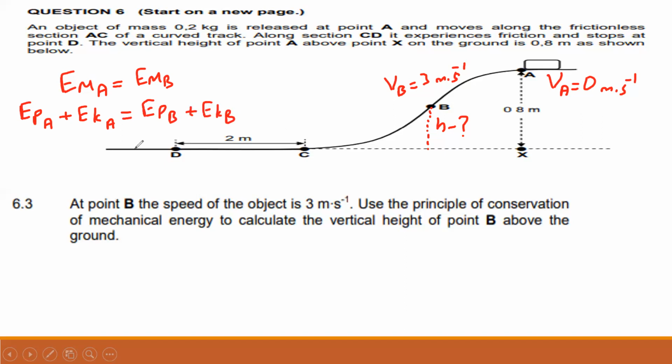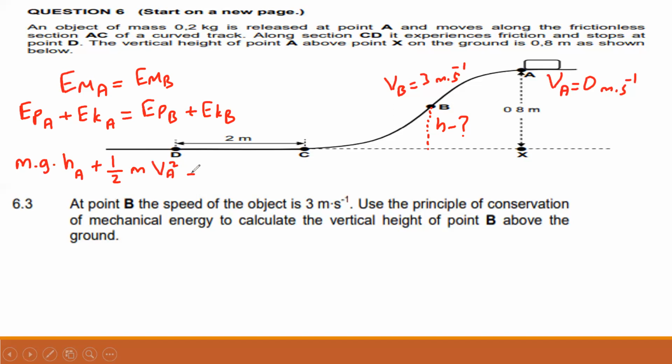So let's continue. EPA, what was the formula for EPA? EPA equals M times G times H. Which H, people, are we using now? A. Height 0.8. And then 1/2 times mass times VA squared.